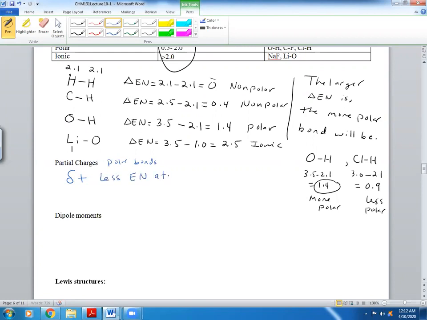Delta plus means more positive charge here because of less electrons, versus the delta minus, which goes on the more electronegative atom.